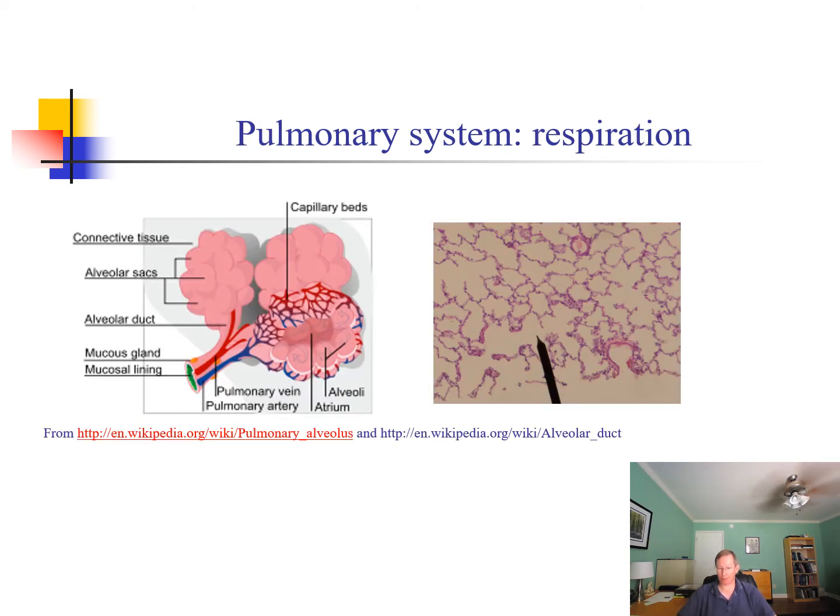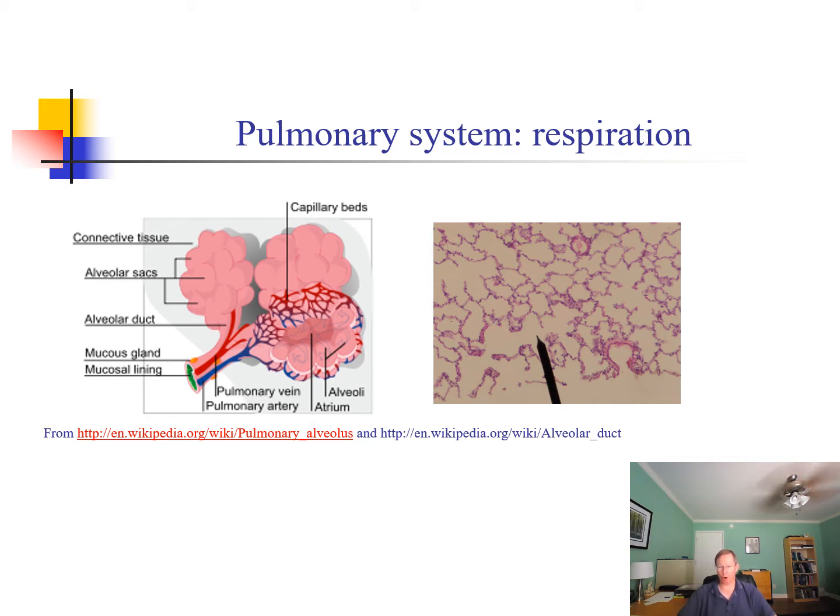If I look at the respiration, this is occurring at the level of the alveoli. This is a highly vascular area with a very large surface area, as you can see by this light micrograph. So the ability to exchange gases is very facile in these alveoli.